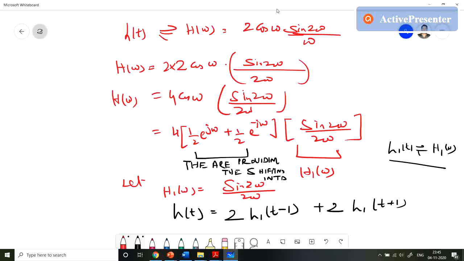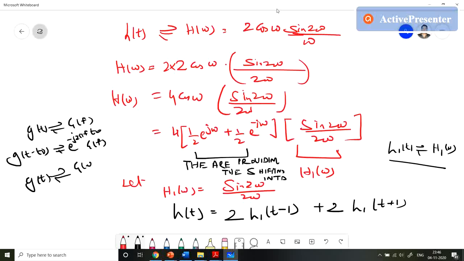Just we have used that property that if g(t) has Fourier transform G(f), then g(t minus t naught) has Fourier transform e raised to the power minus j 2 pi f t naught into G(f). And if we write in terms of omega, then if g(t) has Fourier transform G(omega), then g(t minus t naught) has Fourier transform e raised to the power minus j omega t naught into G(omega).